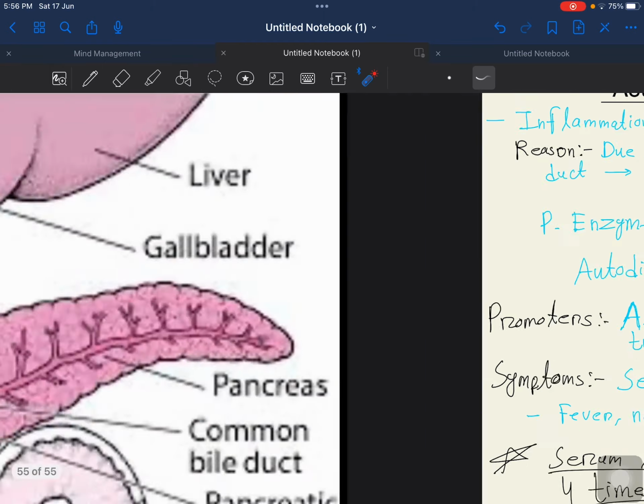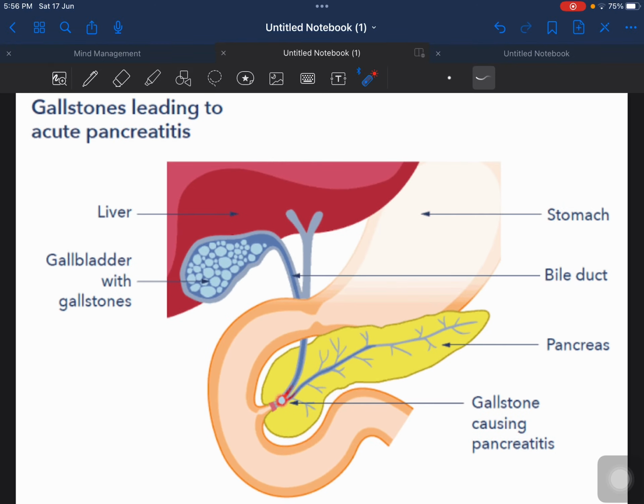in details. Let's see. So imagine this is the liver, this is gallbladder, and this is the ducts which I have already told you about. So let's say there are gallbladder stones. So when bile is released from the cystic duct into the common bile duct, some of the gallstones can also be released in this secretion, and that might get stuck here and can cause the obstruction of the main pancreatic duct.